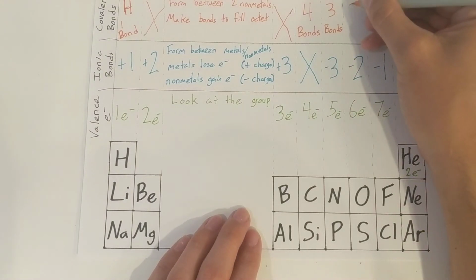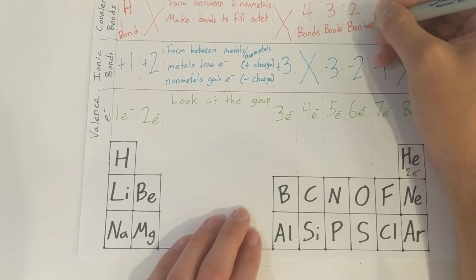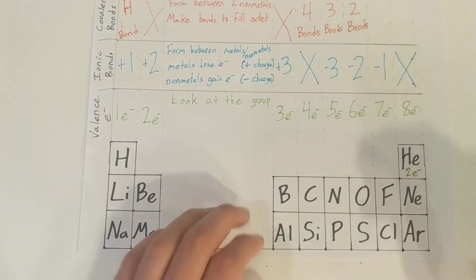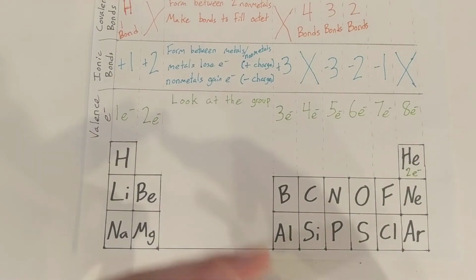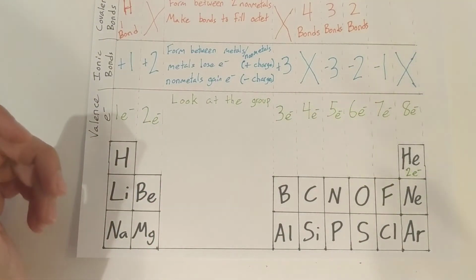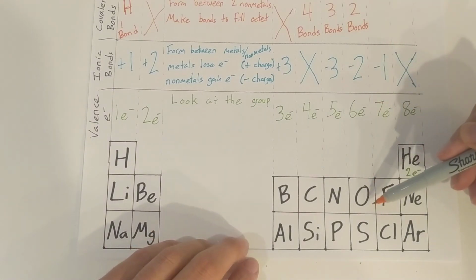In order to do that, they can form 2 covalent bonds. And you may remember 2 oxygen atoms bonding together with a double bond. Or a long time ago, I think I showed an example of oxygen bonding with 2 hydrogen to make H2O, or water. That would be 2 bonds forming with that oxygen.